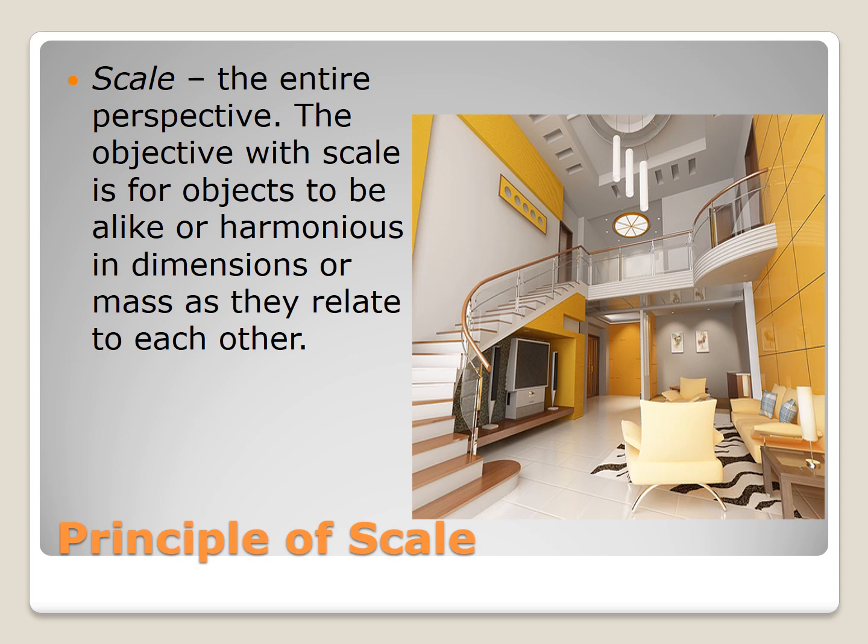The objective with scale is for objects to be alike or harmonious in dimensions and mass as they relate to each other. So in other words, you want all the objects to look, for the most part, like they relate to each other. You don't want a really tiny chair but a really big TV.